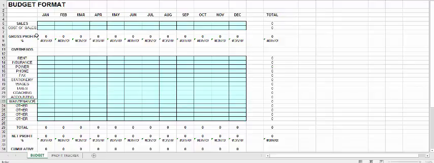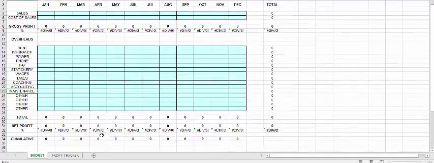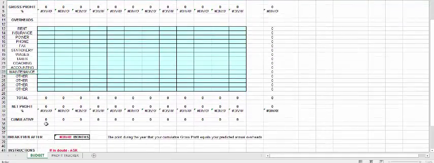That's then going to determine your gross profit. And then from your gross profit, we've got to figure out what our overheads are. Then it gives us the total of the overheads, and it's going to start self-calculating what our net profit is. And the nice thing about this tool is it's also going to track cumulative profits all the way along.